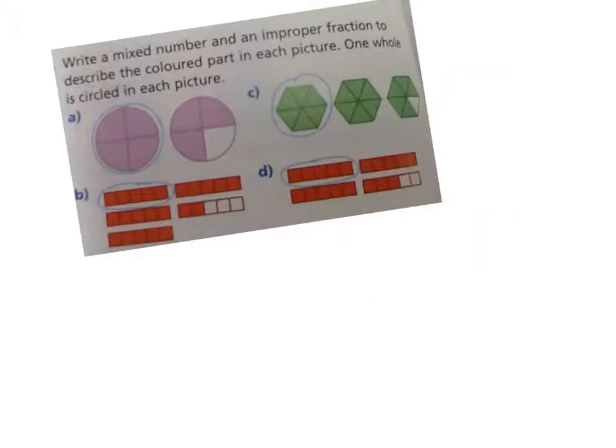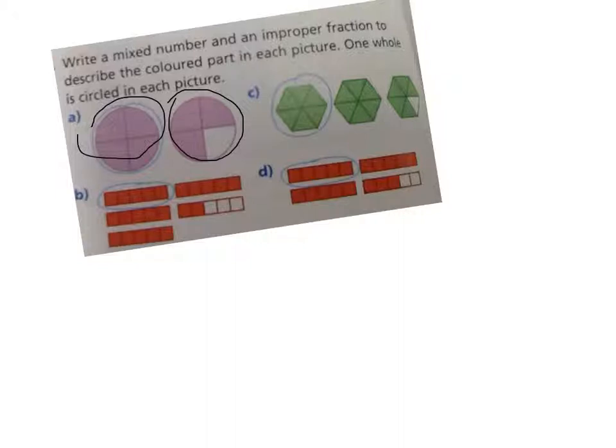So this is an example from the textbook that shows some fractions that are actually more than 1 whole. If you look at A, these 2 circles, we have 1 whole circle, and then we have a circle that has a fraction in it. So remember what numerator and denominator mean. The top number, numerator, is how many pieces.